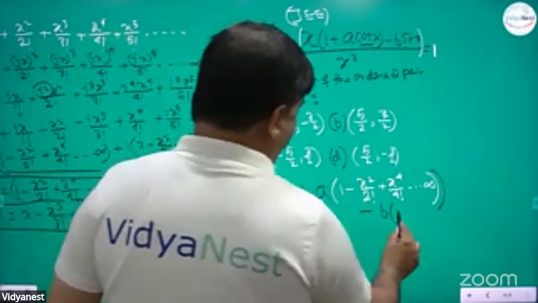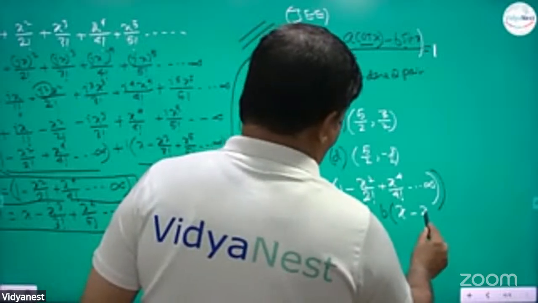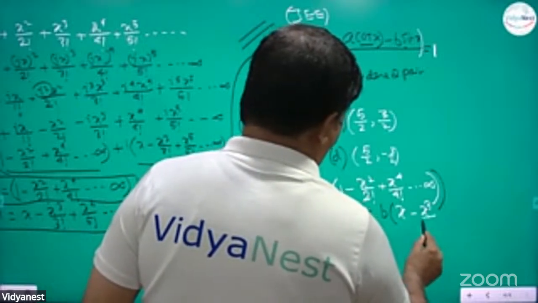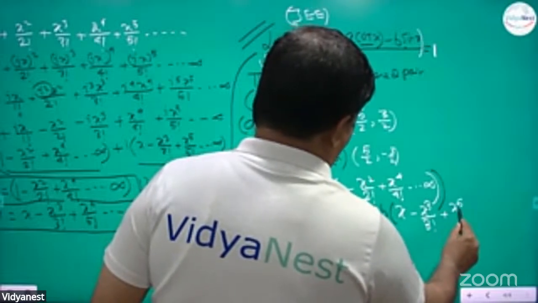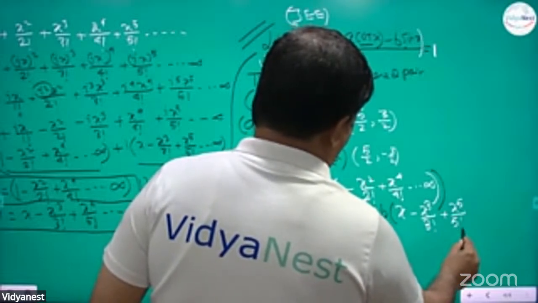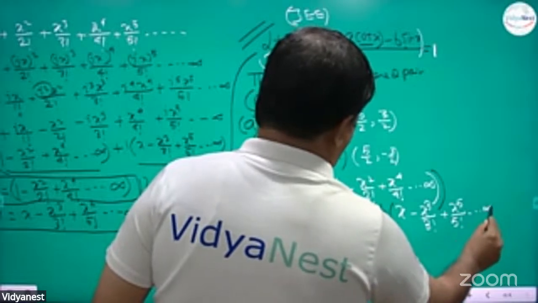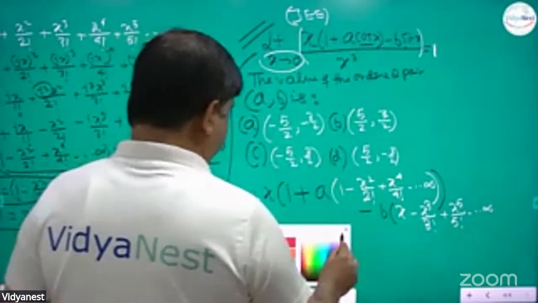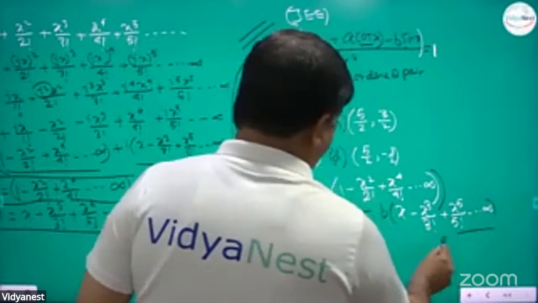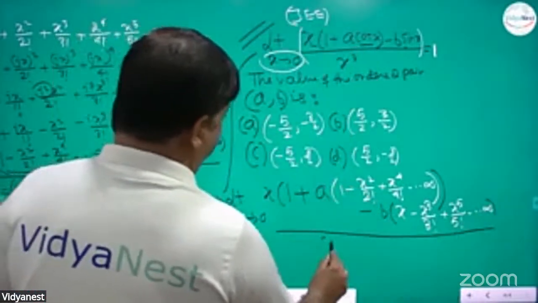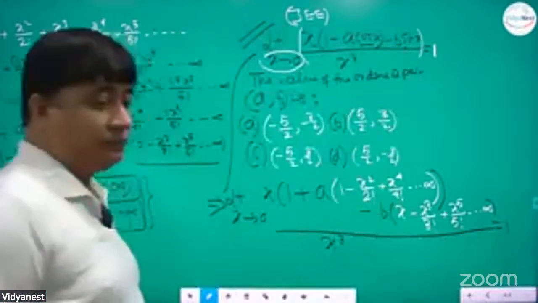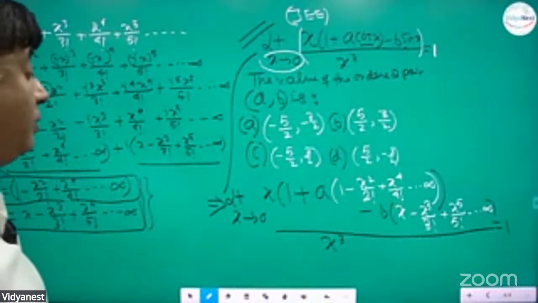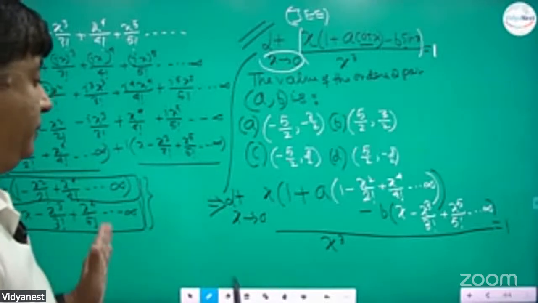Sin x's expansion is what? All by x cube. That is equal to 1, given. Now, what will be our next step?